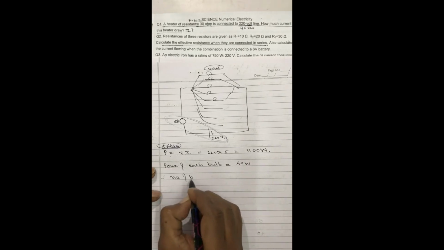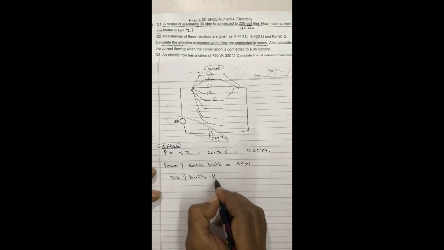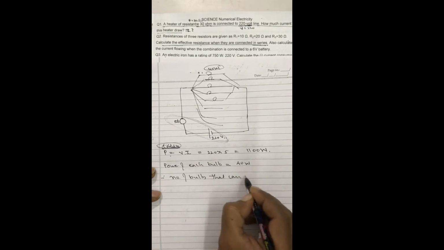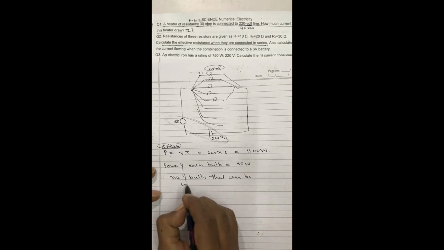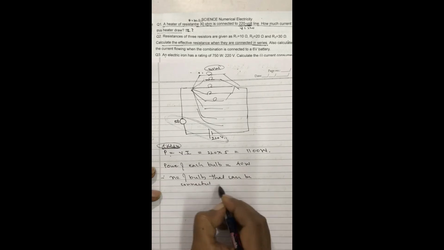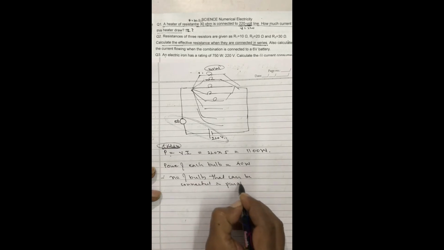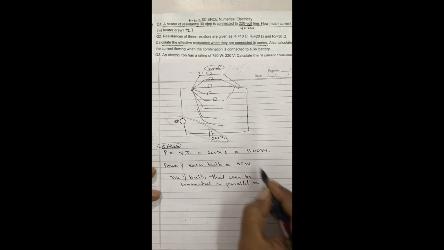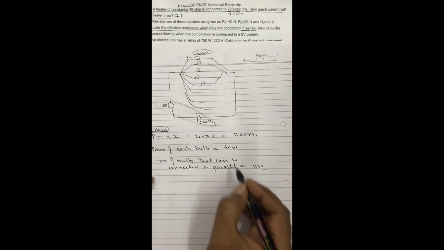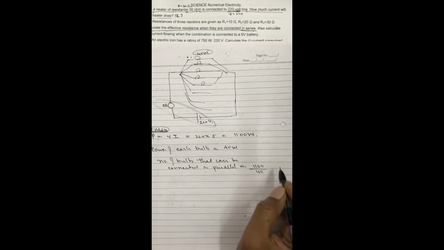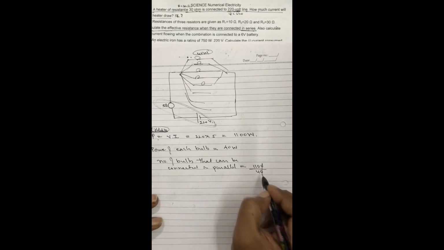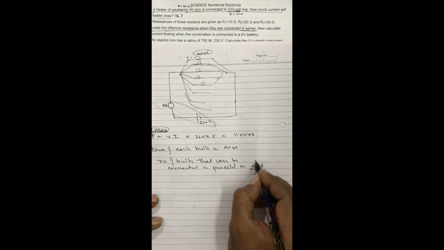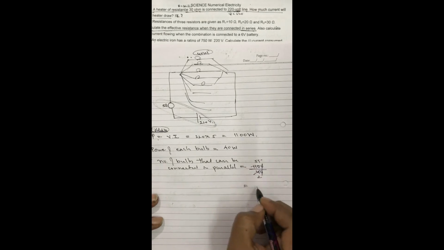Therefore, the number of bulbs that can be connected in parallel will be equal to the power generated in the circuit divided by the power each bulb will be consuming, and you will get 27.5.